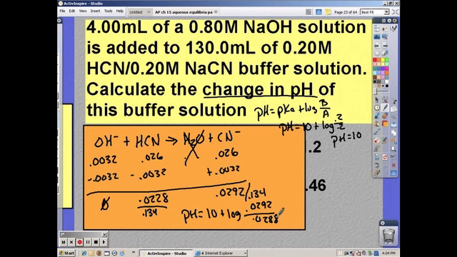My concentration of base is 0.218, and my concentration of acid is 0.170. Plugging that in, my pH is now 10.11, which is a change of pH of 0.11.